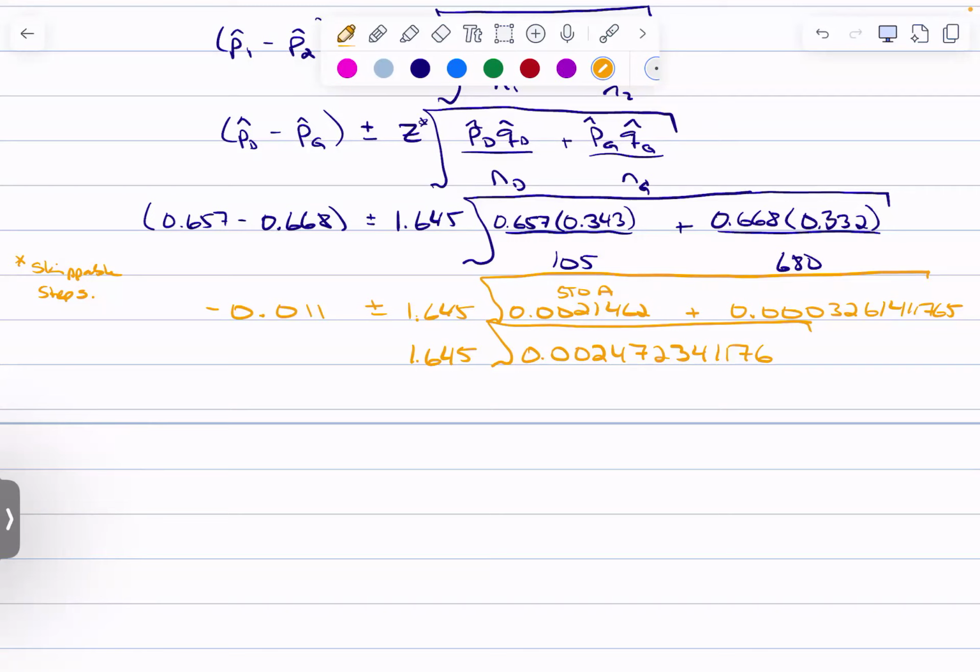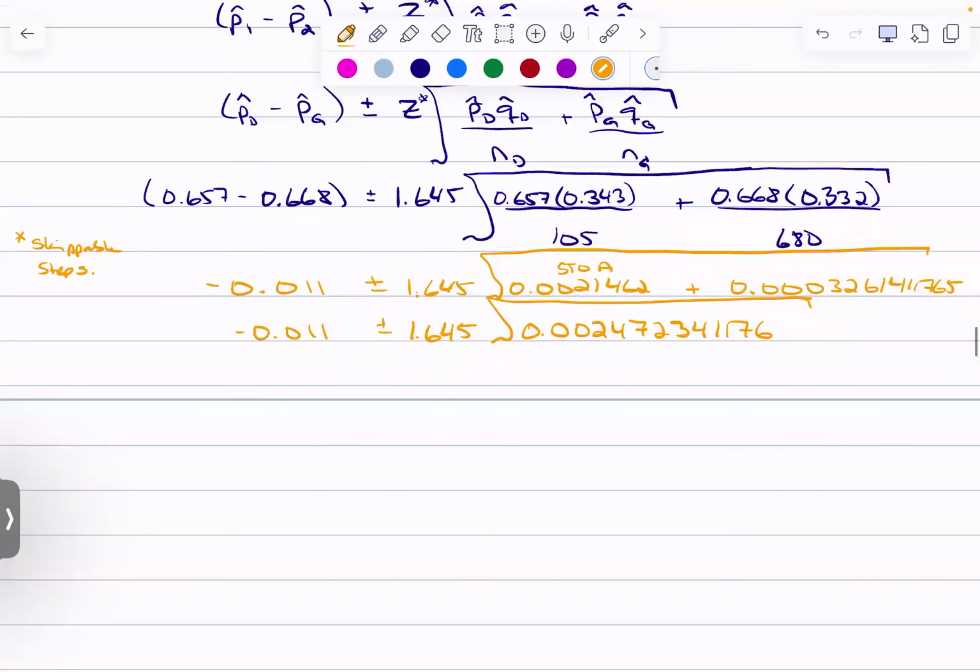Now it's possible if your calculator doesn't do scientific notation, you might not get that many decimal places, but that's okay. It'll be there in the background, it just can't show you all of them, right? And so that's the benefit of just storing all these values. Take the square root. If you get crazy weird answers, you probably forgot to take the square root.